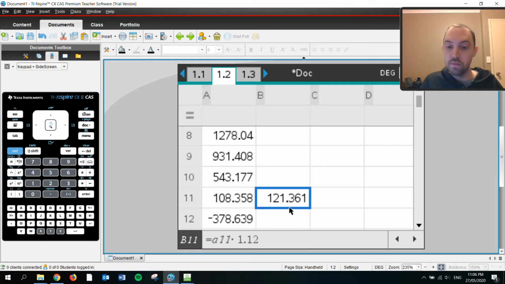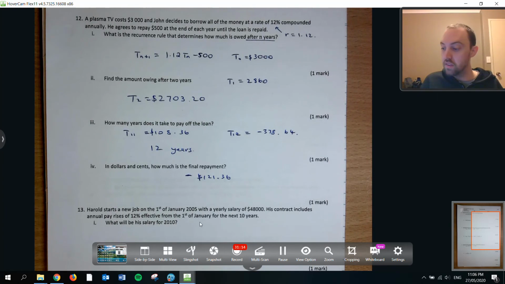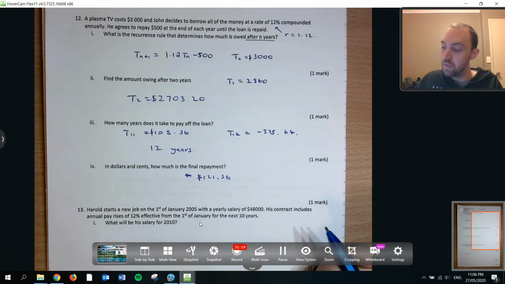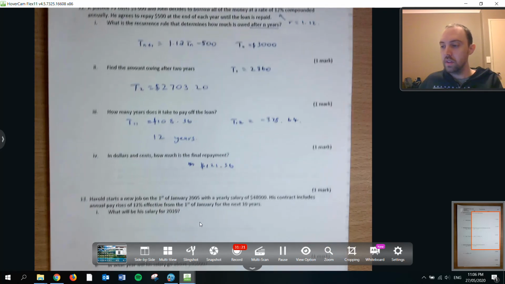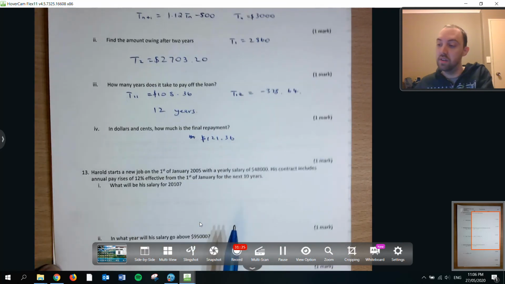He's not going to pay the full $500. He's just going to pay what remains after the interest has increased his loan. So two different ways you can get the same answer. Final repayment is $121.36. That stuff's hopefully going to make a bit more sense when we hit the finance section at some stage.